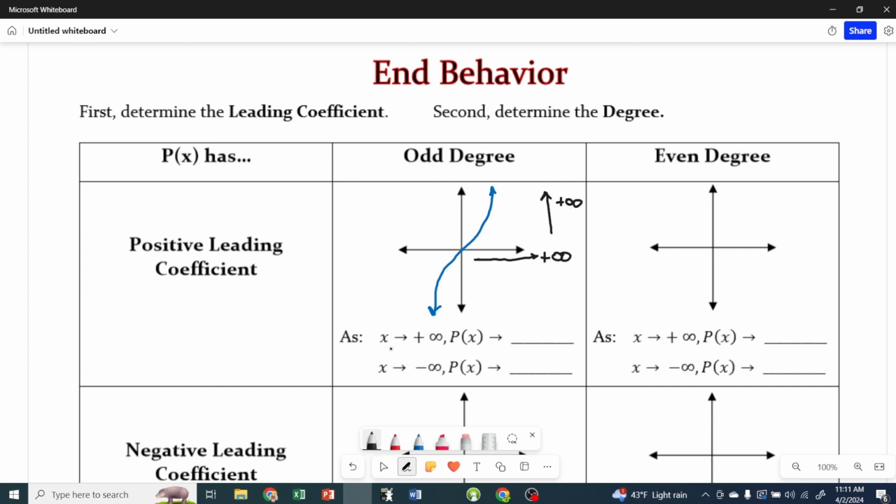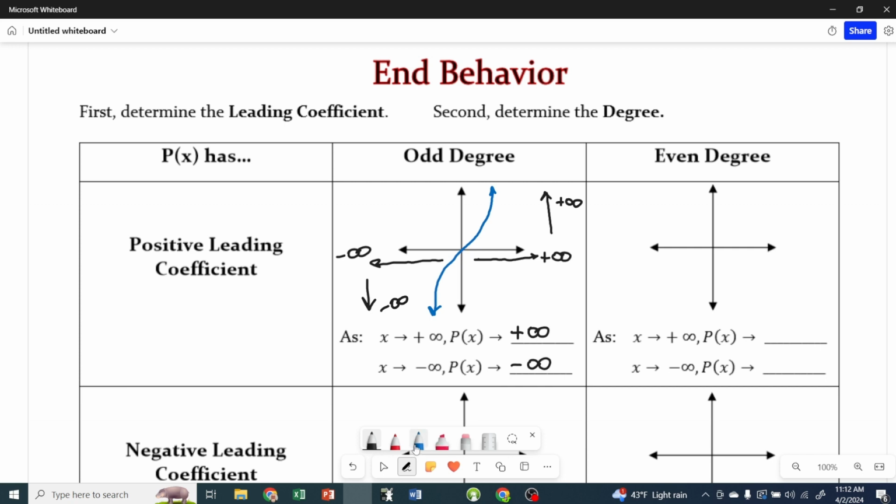So as x approaches positive infinity, p of x is also going to be positively infinite. As we work to the left towards negative infinity, this graph is going down towards negative infinity. So as we work to negative infinity, this graph is going to be working to negative infinity as well.